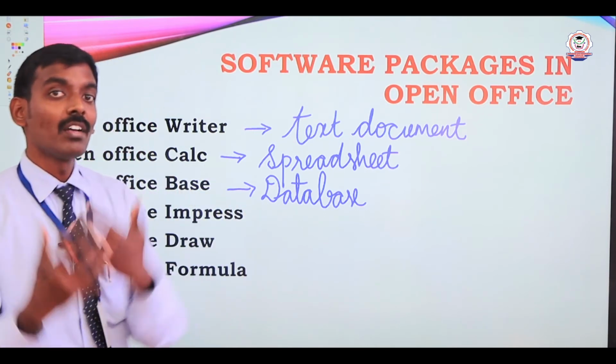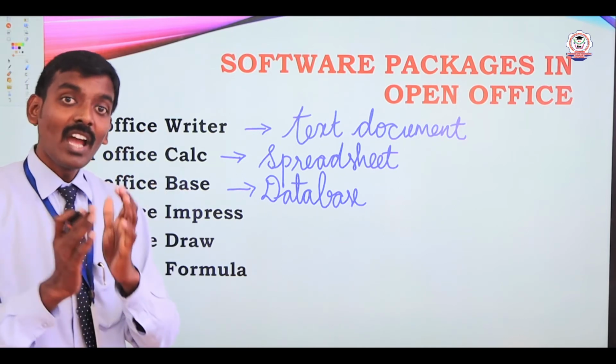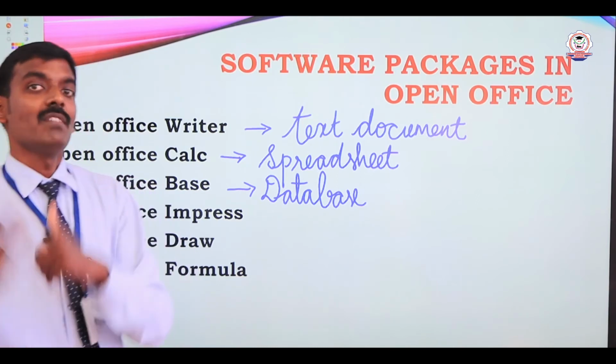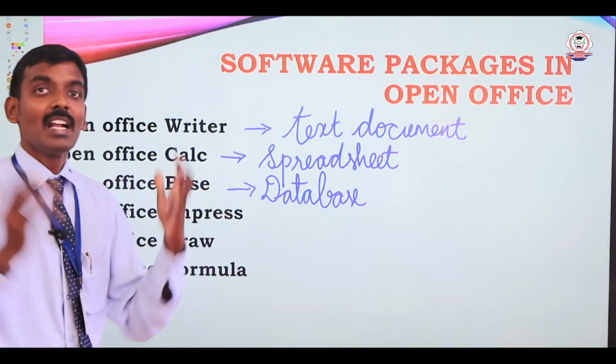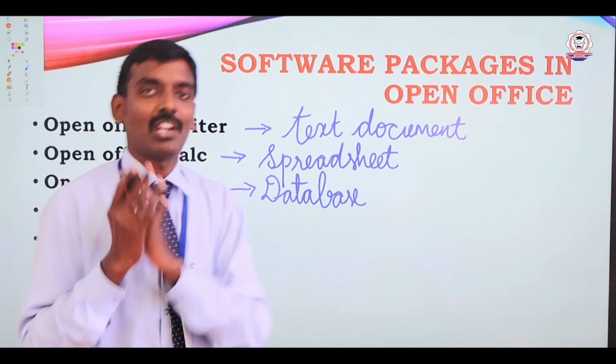For example, in our school we collect fees and other things. This can be loaded in a system, and whenever we want, we can retrieve that information. So a database is a collection of information that is stored in the form of table structure.